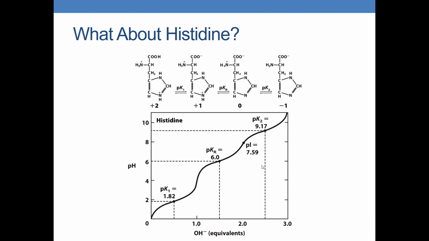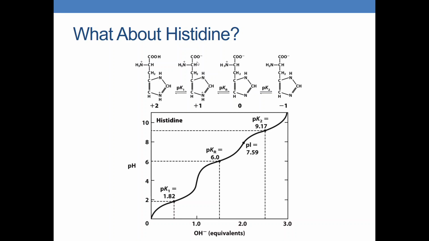Okay, so now I'm going to keep on increasing my pH by introducing increasing amounts of hydroxide. I'm going to hit my next pKa, my next inflection point. Here, my pH equals 6. This is the pKa that describes the imidazole side chain. When pH equals 6, I have 50% of my +1 species and 50% of my neutral species.